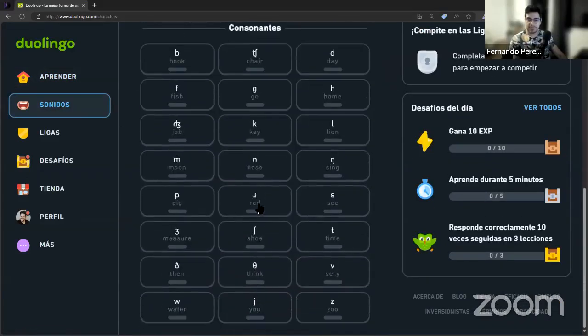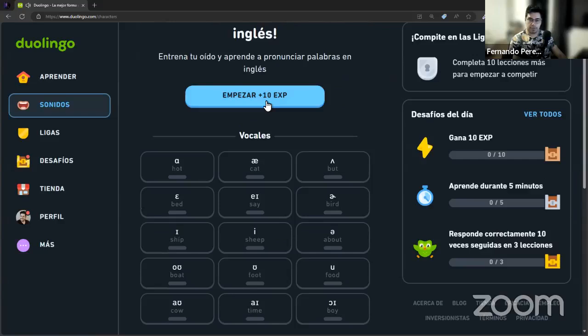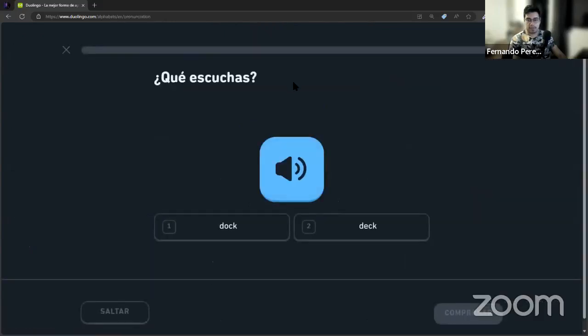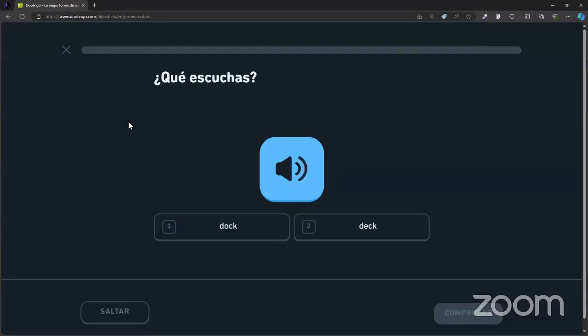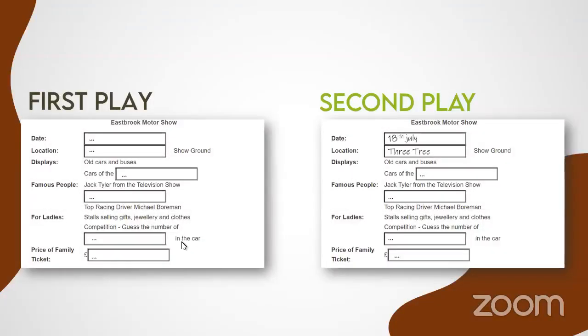Here you can practice your consonants. You just go through start, and it's going to help you with an exercise. Which one did you hear? Number 1 or number 2? Right. Okay. That can help you with your pronunciation.